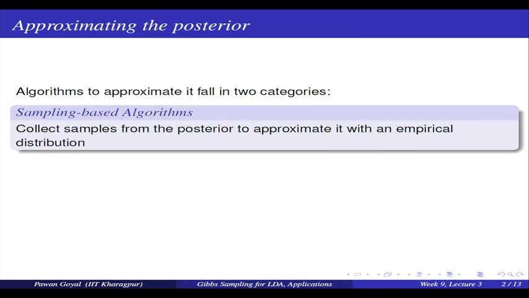For approximating the posterior probabilities of all these parameters, the algorithms generally fall in two categories. One is sampling based algorithms, where from the posterior you try to collect samples of the distributions and then approximate it with the empirical distribution, and that is what we will focus on in Gibbs sampling.